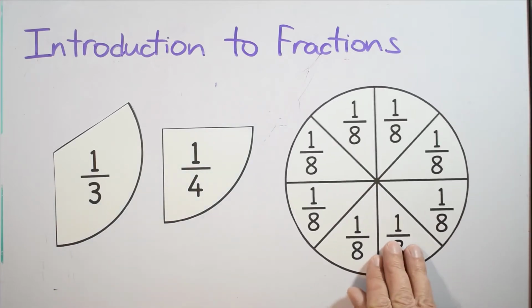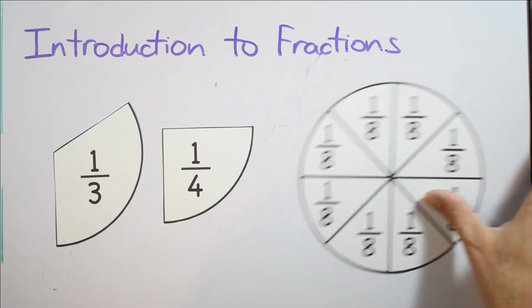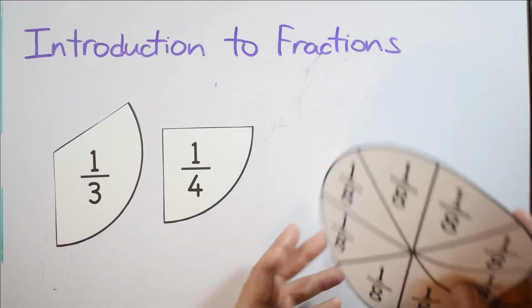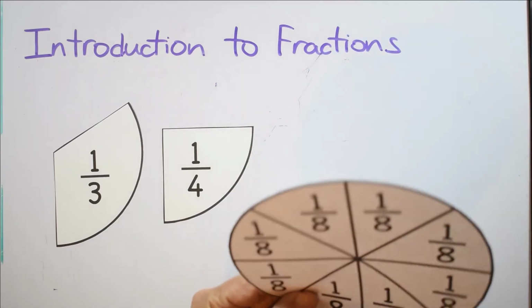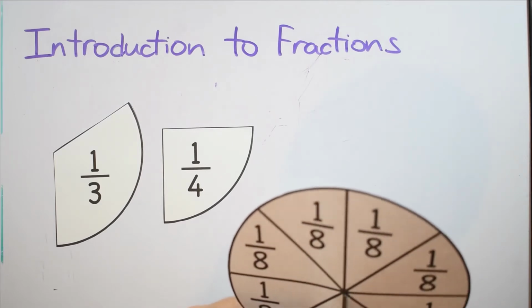And if your number's bigger again, say you're chopping into eighths, well, 8 is clearly a bigger number than 4 or 3, but what it means is I've chopped it up more times. So if I wanted just 1/8 of a pizza, it would be quite a bit smaller. Now, you may have seen the relationship between 2 and 4 and 8.